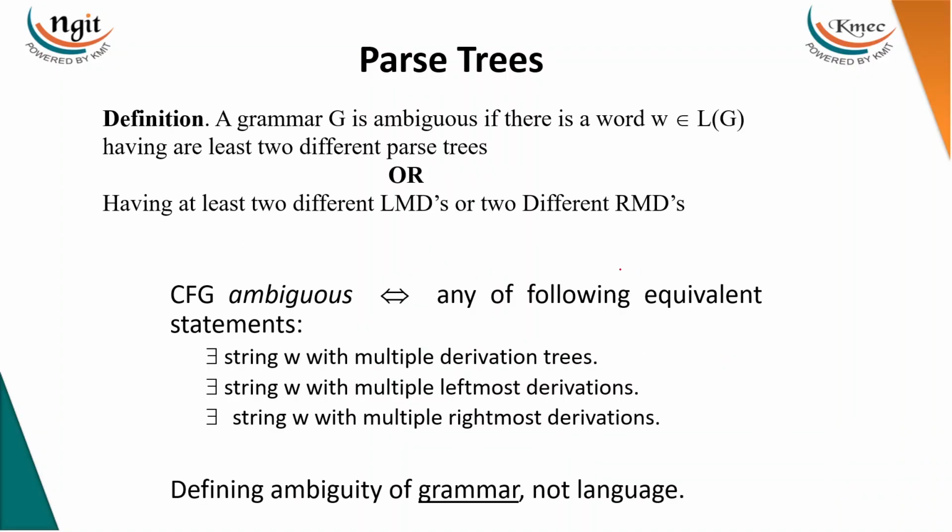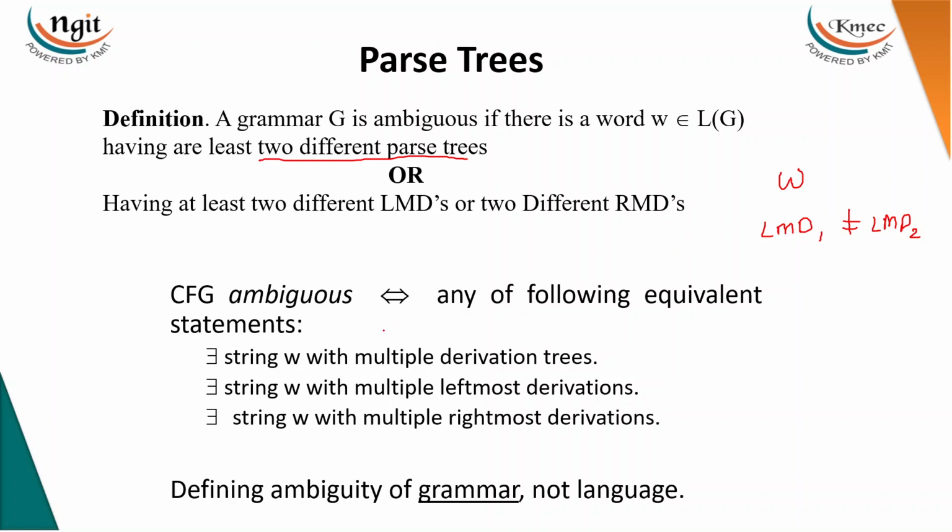So what does it mean? Ambiguous grammar: if it generates more than one different parse tree, then it is ambiguous. Can't we define the ambiguity of a grammar with derivations? Yes. If the leftmost derivation is not equivalent to the rightmost derivation, we cannot tell it. But for the same string, if you give two different leftmost derivations, then we can say that the grammar is ambiguous.